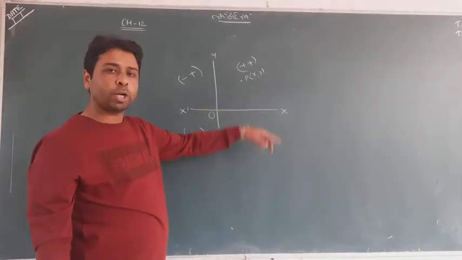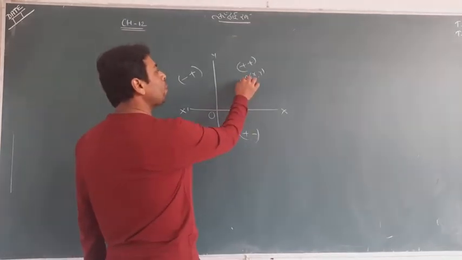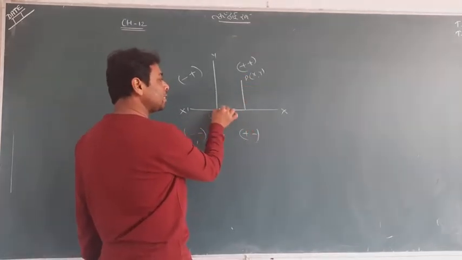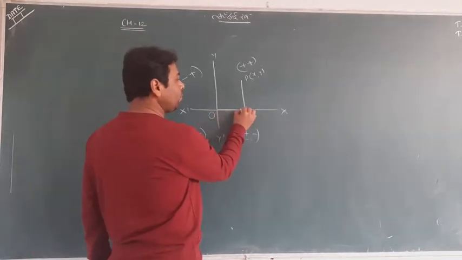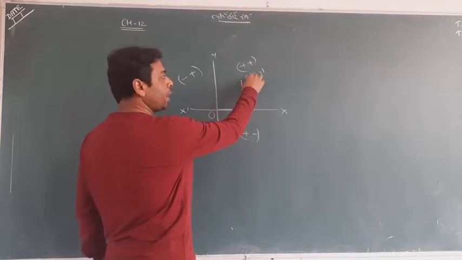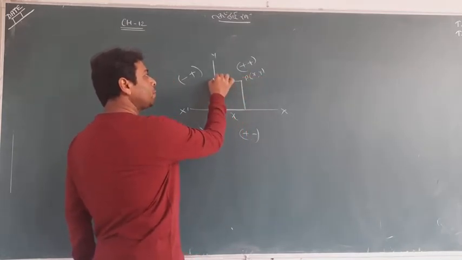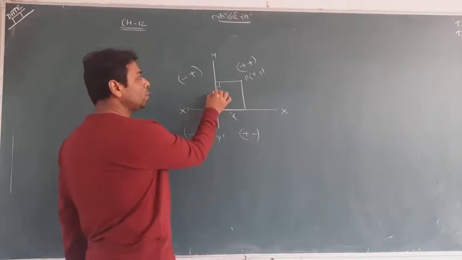Suppose I take one point P(x, y) in the first quadrant, and I draw the perpendicular on the x-axis. The portion which is cut off, the horizontal part, is equal to x. If you draw the perpendicular on the y-axis, you get a vertical part which is always equal to y.